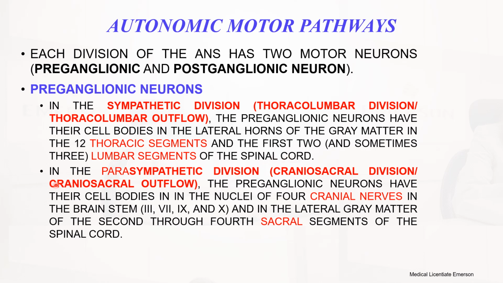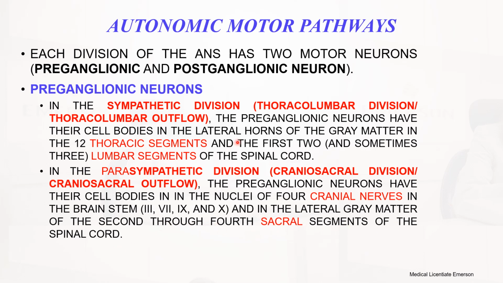So then in the parasympathetic division, which is the craniosacral division or craniosacral outflow, the preganglionic neurons have their cell bodies in the nuclei of the 4 cranial nerves in the brainstem, such as cranial nerve number 3, 7, 9, and 10, and also in the lateral gray matter of the 2nd through 4th sacral segments of the spinal cord.